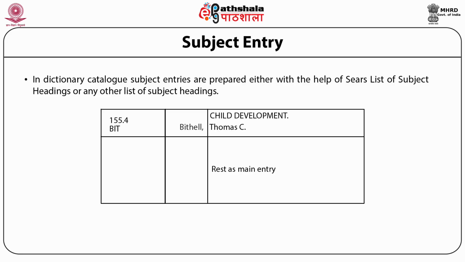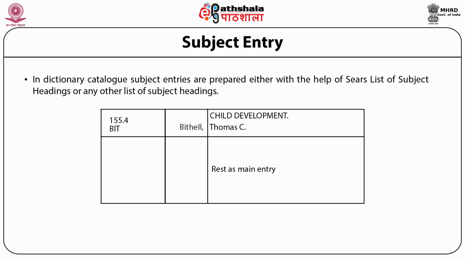Subject derived from the list of subject headings is transcribed in capital letters in the line upon the leading line, starting from a second indentation, and continuation, if needed, will be from the third or imaginary indentation. Example: in margin, call number of the book 155.4 BIT is given.